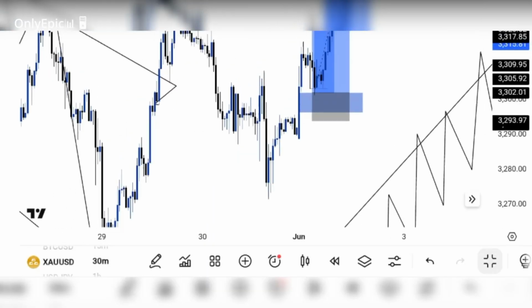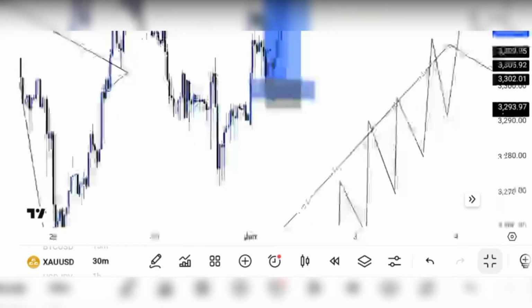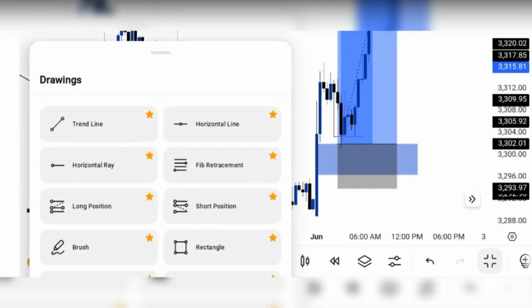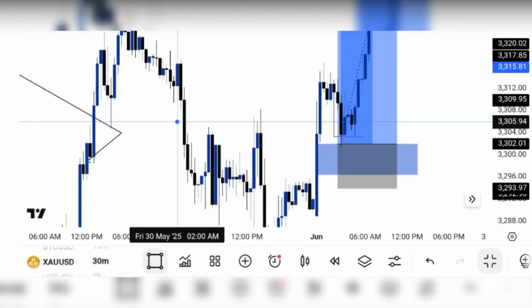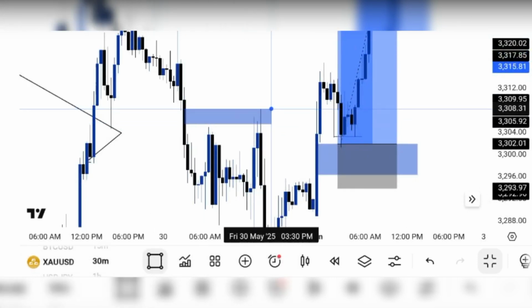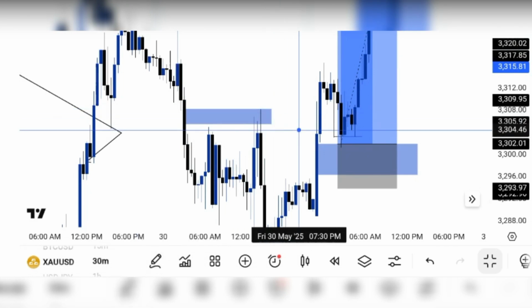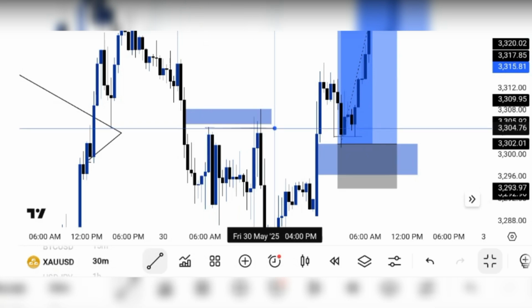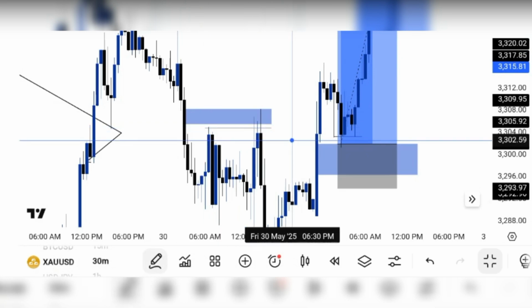So now these are other entries. You can see that we have a fair value gap up here. When we have this fair value gap, you can see that we have liquidity below the fair value gap. So this is a sell example.